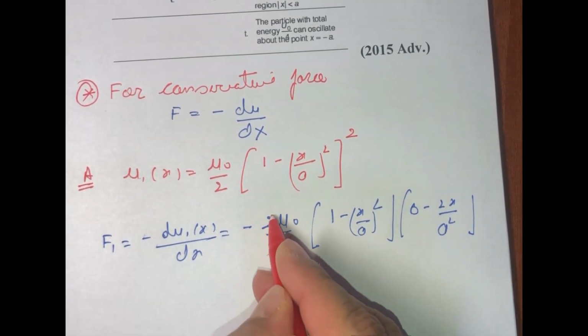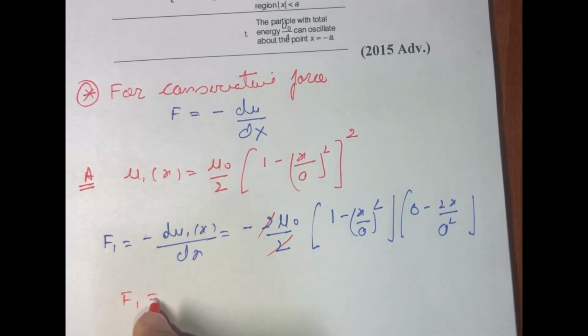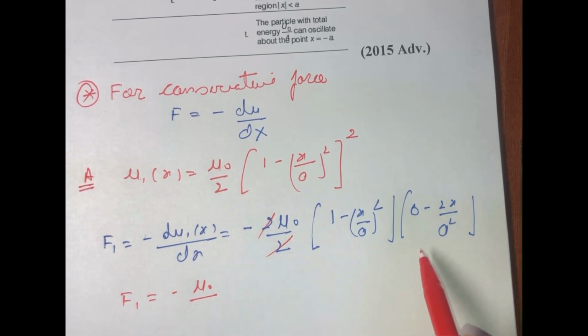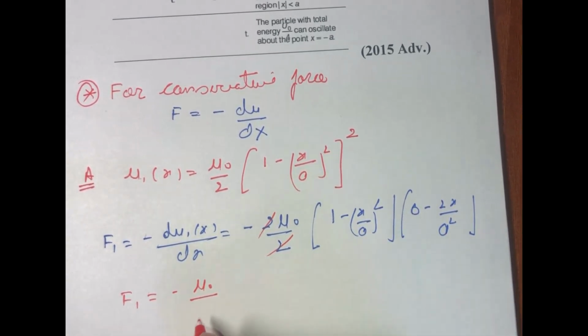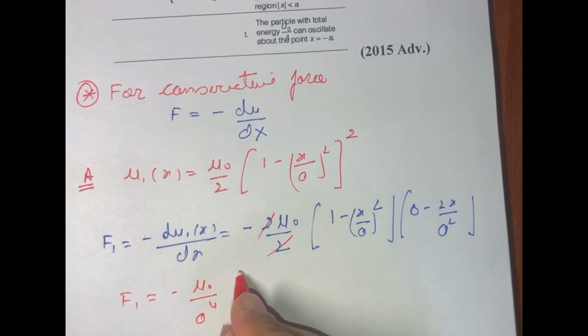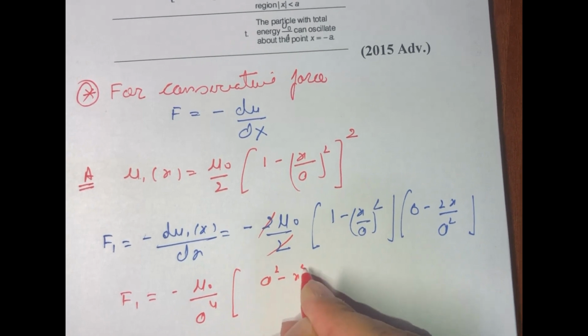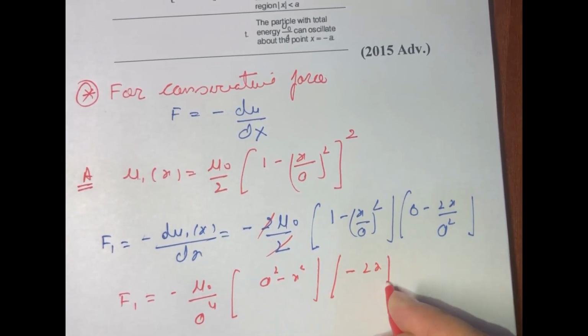Here 2 cancels out with 2, and we can say that F1 is equal to minus U0, and we can take a squared common, which will come as a to the power 4, and here we can write (a squared minus x squared) multiplied by 2x.